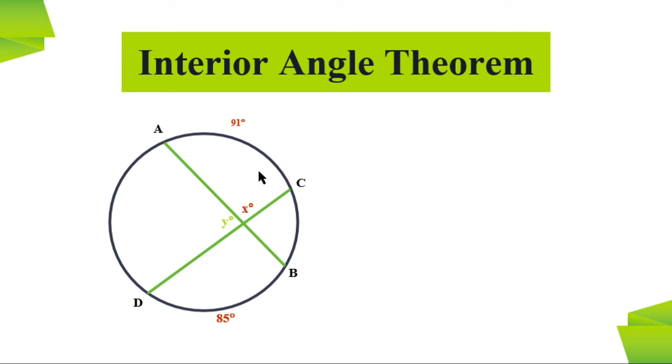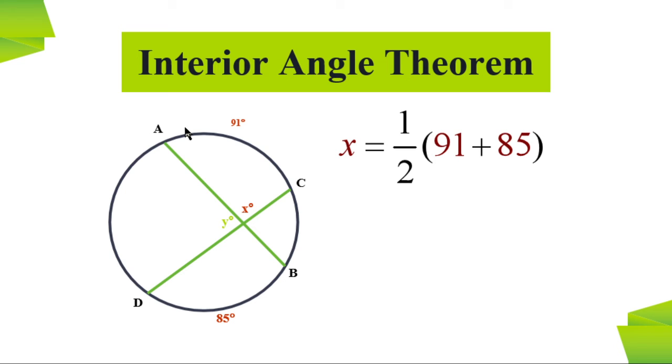Again, in the formula, for the measurement of x, we just need to get the half of the sum of two intercepted arcs of x. So the two intercepted arcs are arc AC and arc BD here.